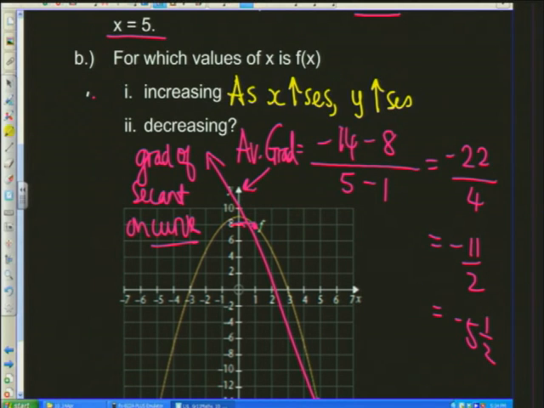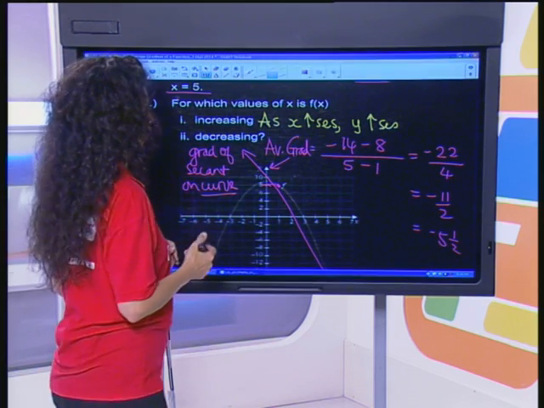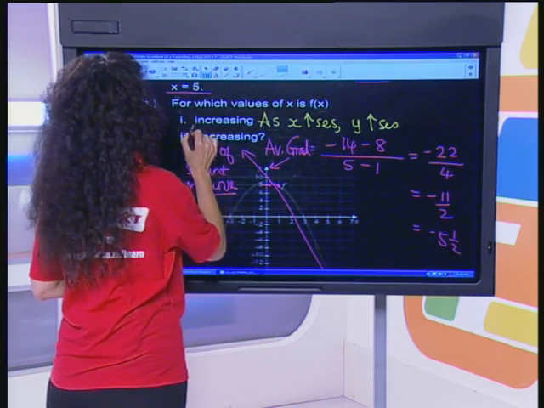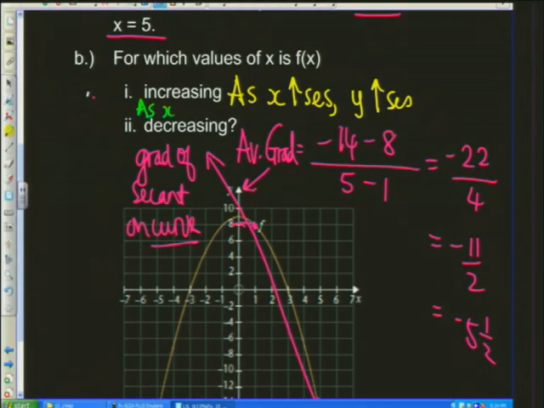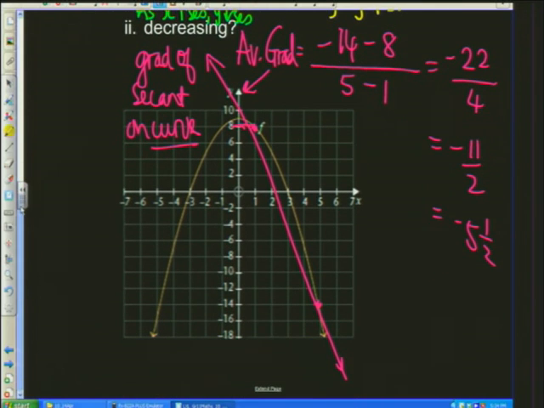Where is that happening on the parabola? And what is the definition of decreasing? As x gets bigger, as you move along in your set of x values, my y value decreases. So there's a difference in the relationship where that relationship is the same. So if we look at our function, can you see that as I move from -4 to -3 to -2 to -1, my y value increases.